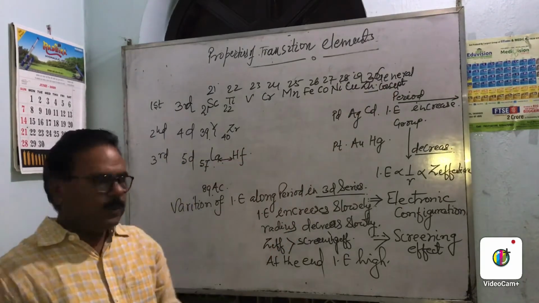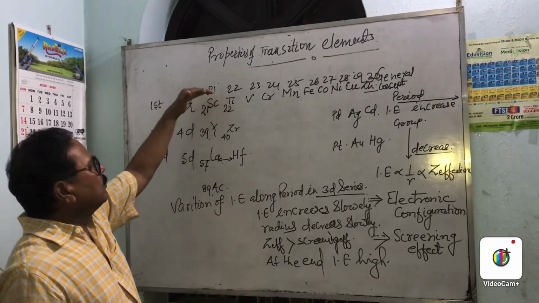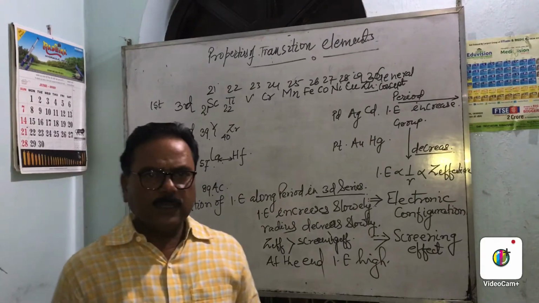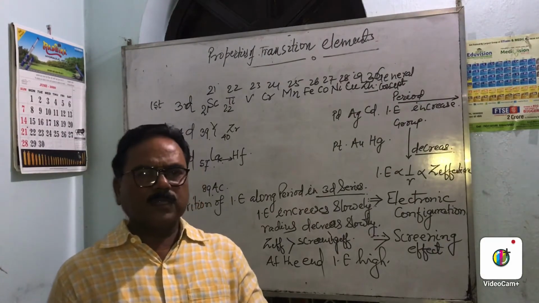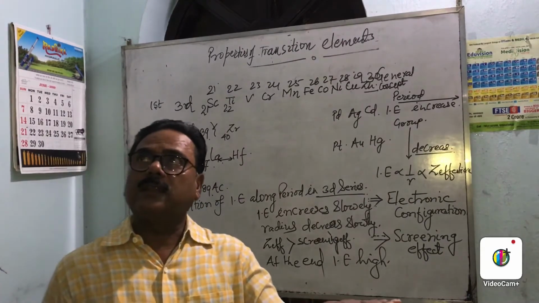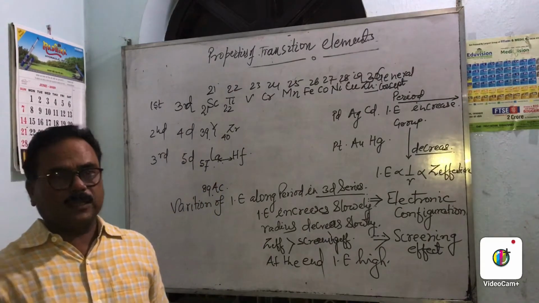The second point: the increase of ionization energy from left to right in the transition series is not very regular. Sometimes it increases, sometimes it decreases a little bit, and at the end it increases.